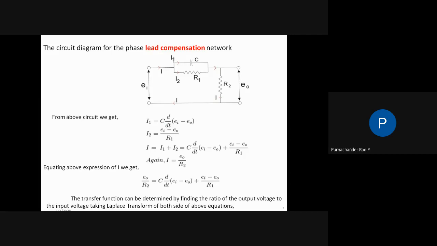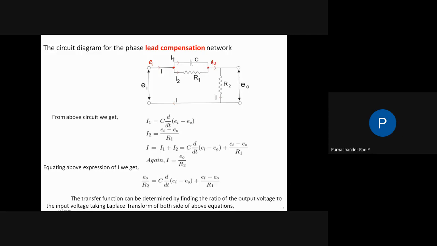The current I1 through the capacitor is given by C into d by dt of the potential difference between these two points. Here the potential difference is EI minus E naught, since this is a node and this is another node, where the voltage is E naught.